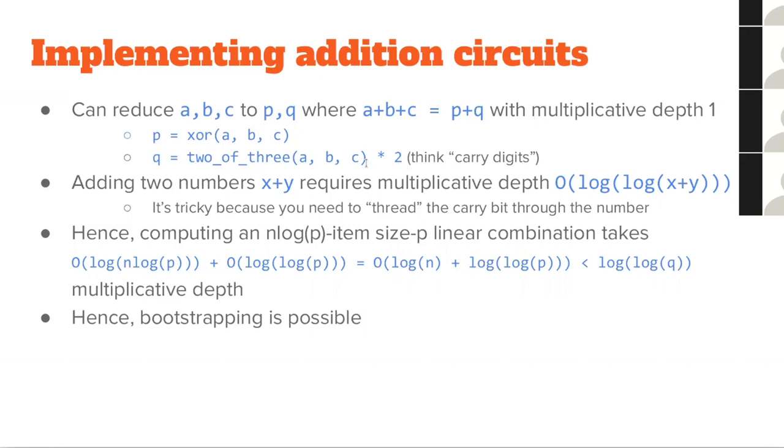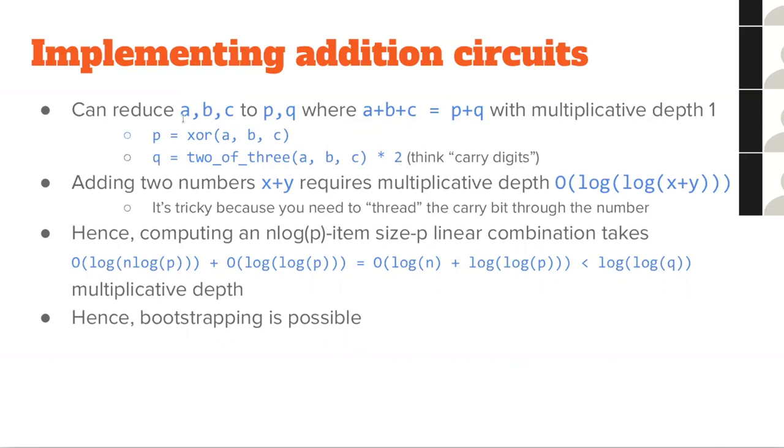So the reason why this works is basically because every bit in A and B and C gets represented inside of p. But in the specific case where you have 2 bits that are turned on to 1, then inside of p they get turned into 0, but you flip the corresponding q from a 0 to a 1, and then the q gets moved to the left by 1, and so that multiplies it by 2.